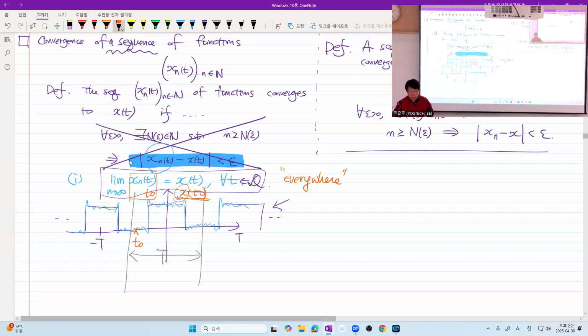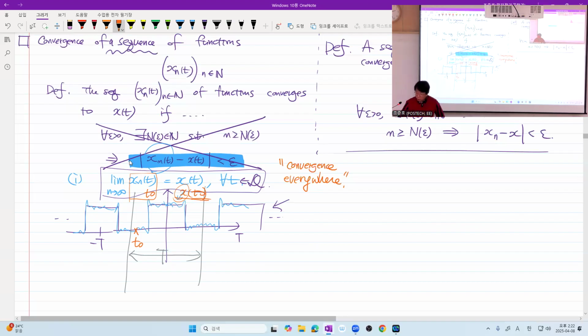And this is the first definition: convergence everywhere. Got it? Convergence everywhere is very simple. You just view a sequence of functions as uncountably many sequences of real numbers, and each sequence converges to the function evaluated at that time. Got it? So this is everywhere convergence.